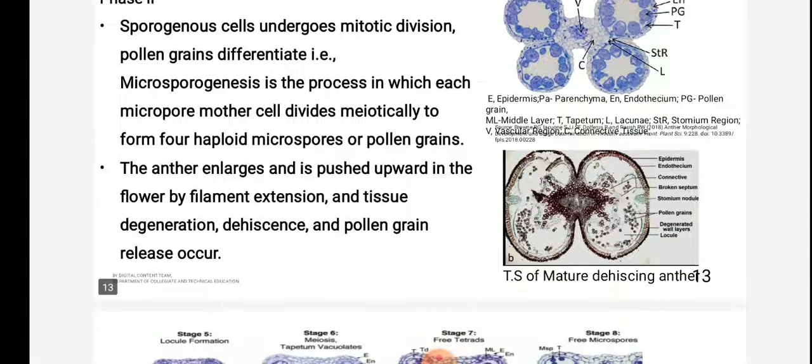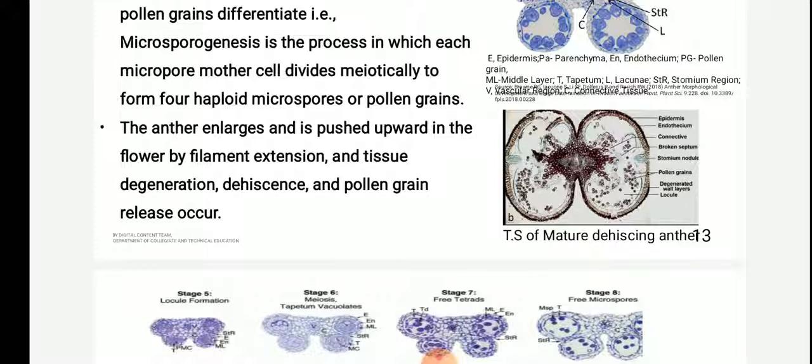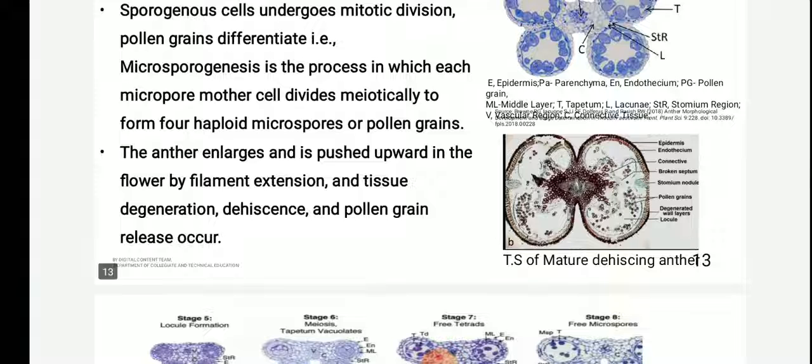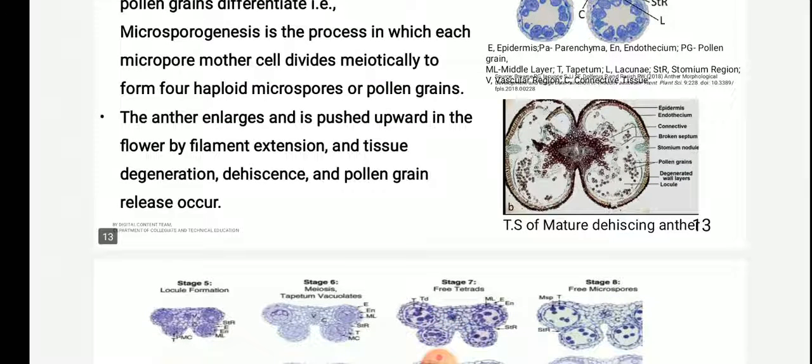Microsporogenesis is the process in which each microspore mother cell divides meiotically to form 4 haploid microspores or pollen grains. Primary sporogenous cells undergo mitosis to produce secondary sporogenous cells. Secondary sporogenous cells may differentiate into microspore mother cells, and these undergo meiosis to produce 4 haploid microspores or pollen grains.